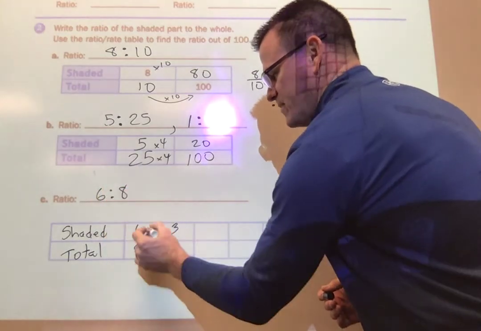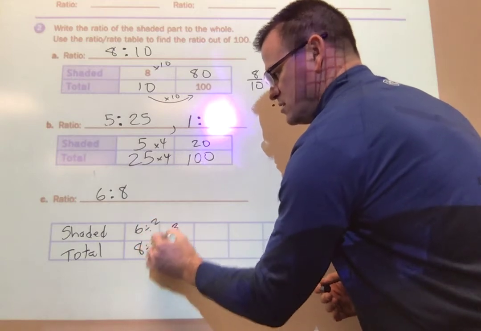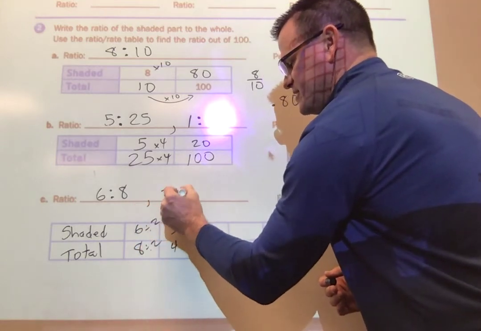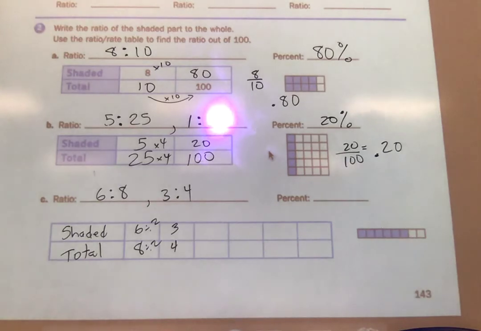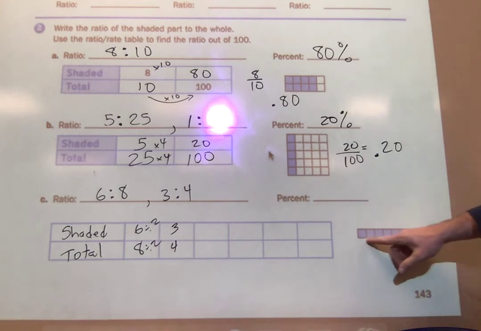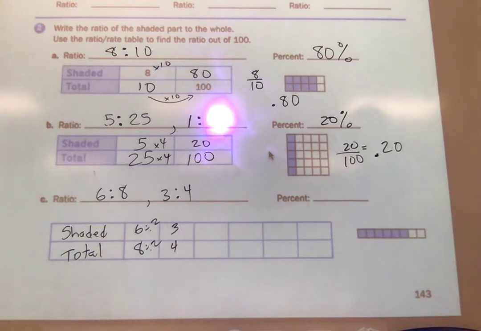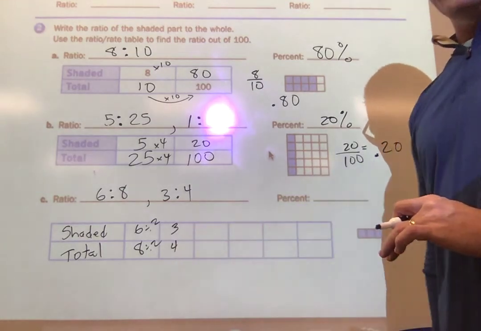Again, if I divide them both by 2, and I could call this a 3 to 4 ratio. It's equivalent to 6 to 8. My goal is to figure out how much is shaded, though, the percent that's shaded. Again, I know it's quite a bit of it because 6 out of 8 are shaded, so I know it's over 50%. A lot of you know that 3 out of 4 is 75%.